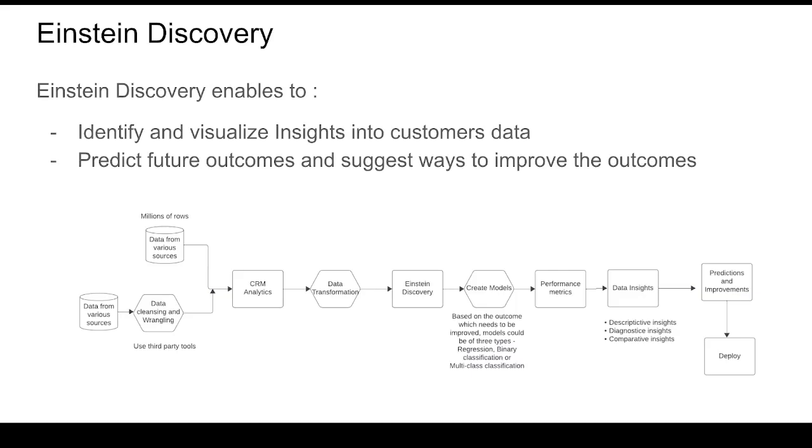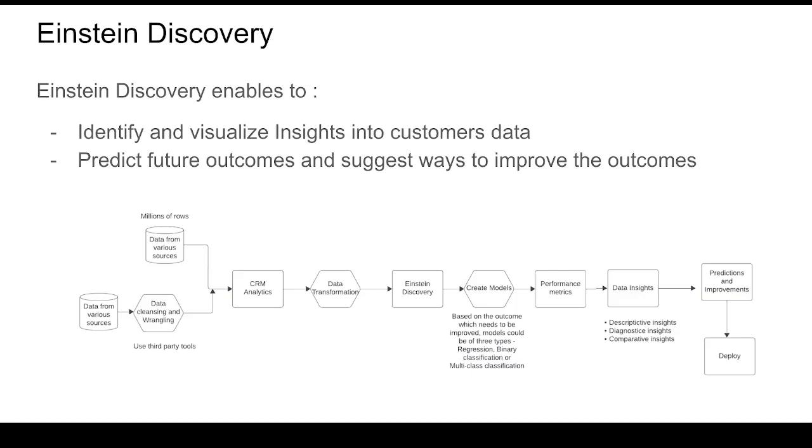These are alerts which you have to make sure you get rid of to get good data. Once this analysis is done, that's where we get our insights on the data. These insights could be descriptive, diagnostic, or comparative: what happened, why it happened, and what the comparison is if we use different variables. This will give us the predictions and the improvement areas.